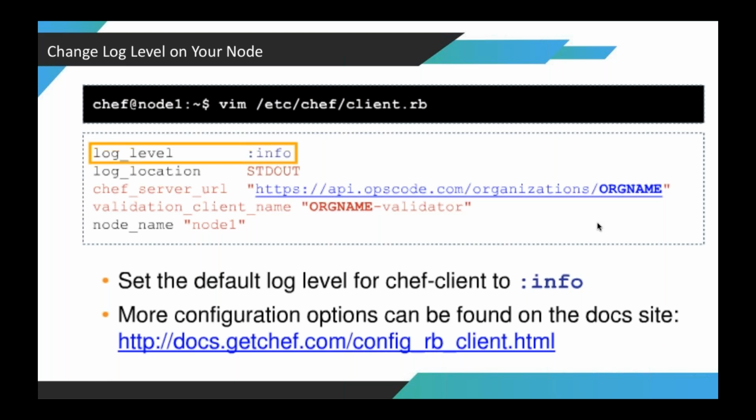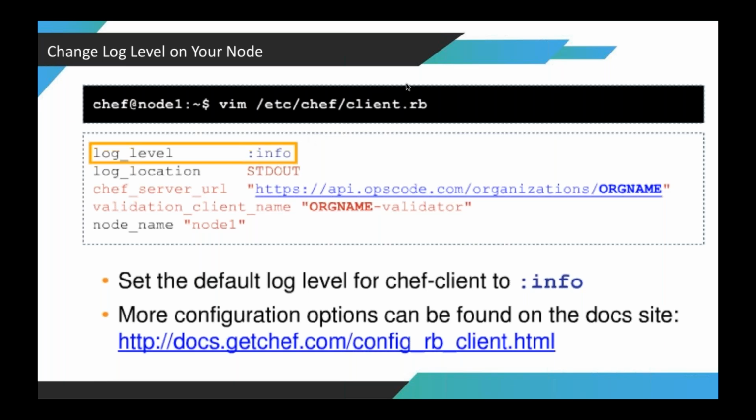All right. So let's see the client.rb file. This client.rb file also has the Chef server URL. This is how it knows which organization the Chef client needs to connect to. And then you have a log level.